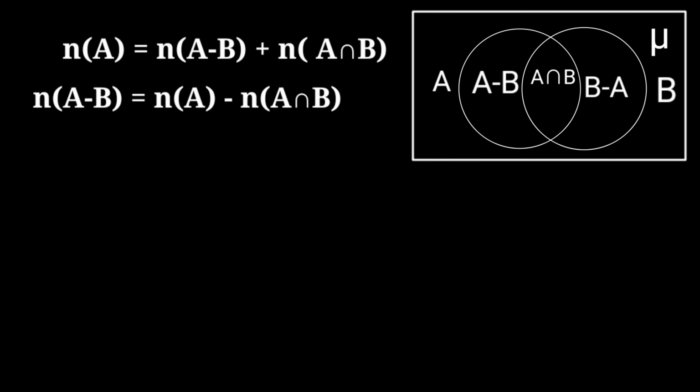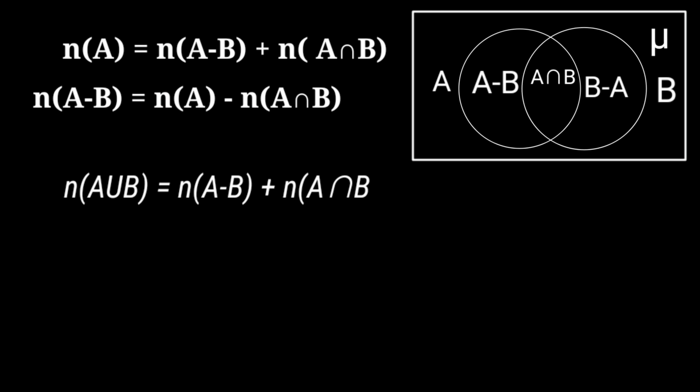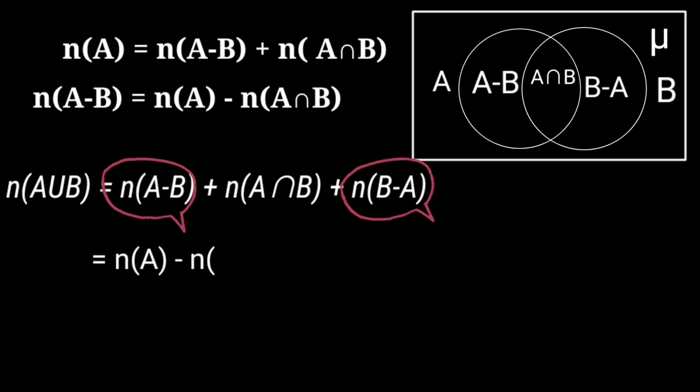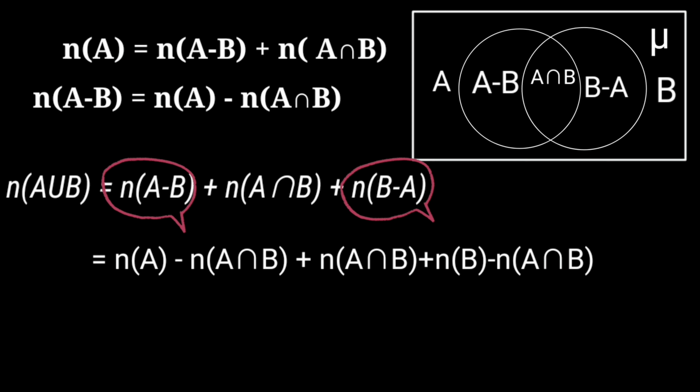So from the previous relation, that is n(A union B) is equal to n(A minus B) plus n(A intersection B) plus n(B minus A), if you replace n(A minus B) and n(B minus A) by the above relation, we can get n(A) minus n(A intersection B) plus n(A intersection B) plus n(B) minus n(A intersection B).